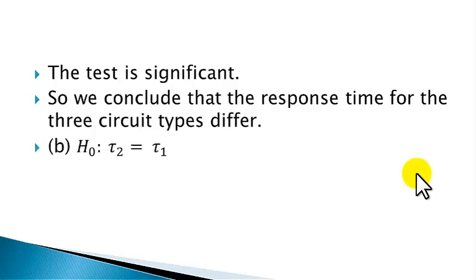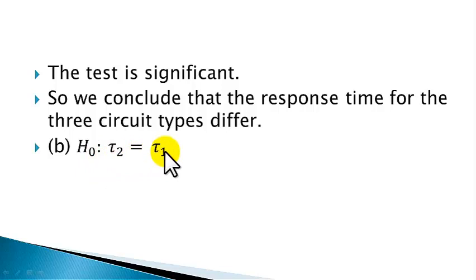B. We were to test the hypothesis that the treatment 2 effect and the other two are actually different. So first, let us consider the null hypothesis that tau 2 is equal to tau 1.